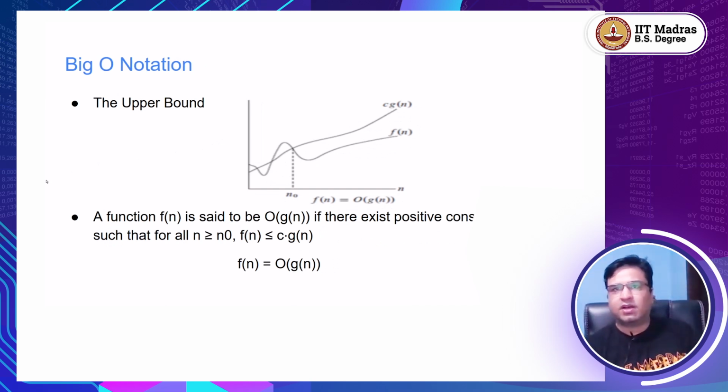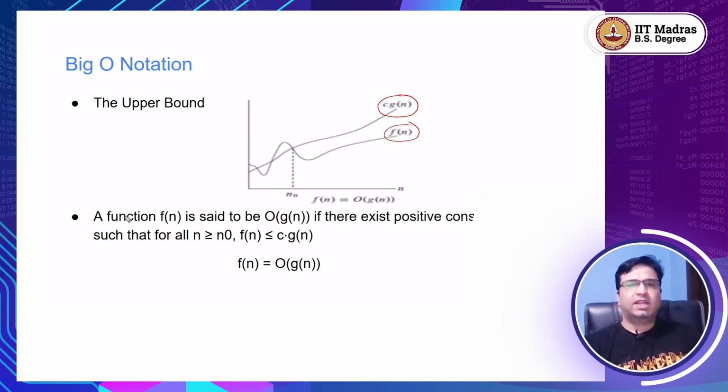In this graph, you can see c g(n), which represents the upper bound, and the function f(n), which represents the actual runtime of the algorithm. After this n naught, for every input n, c g(n) will always be greater than or equal to f(n).